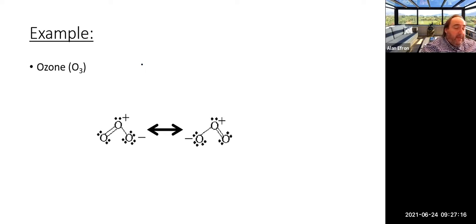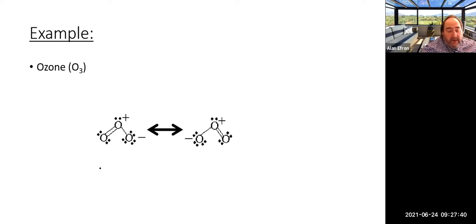For example, this is ozone, and here we could have double bonded on the left-hand side. We also could have double bonded on the right-hand side. And again, those are resonance structures of each other. You would not necessarily have to draw both of them if you weren't asked to do so. If you were just asked to draw the Lewis structure for ozone, if you drew the one on the left, it would be sufficient. If you drew the one on the right, it would be sufficient.